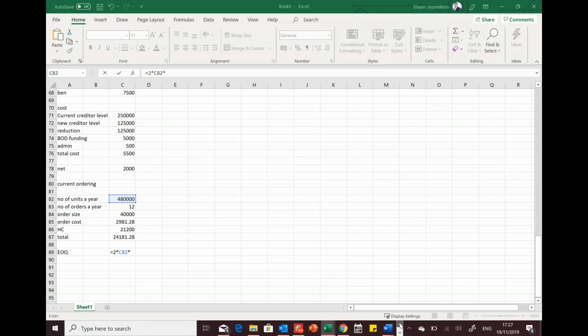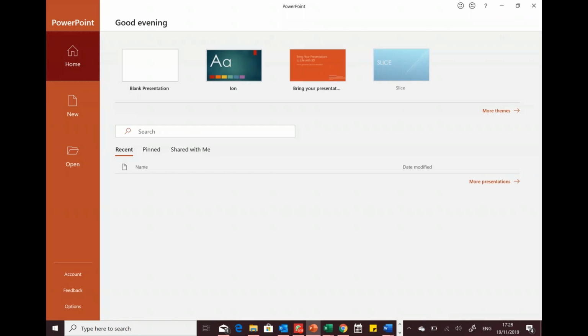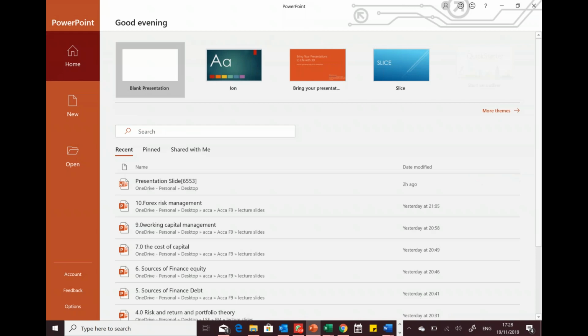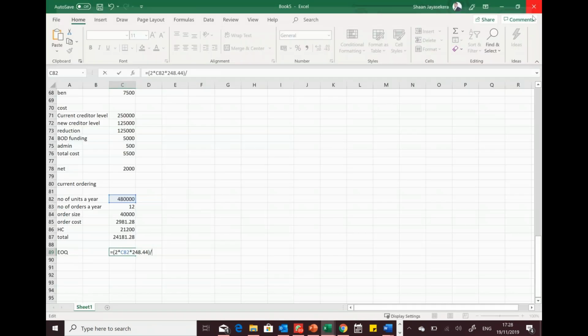into each order costs me roughly 248.44 divided by what each unit costs me to stock per year. I think it was 1.06.